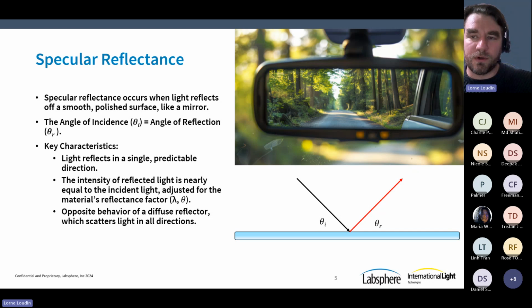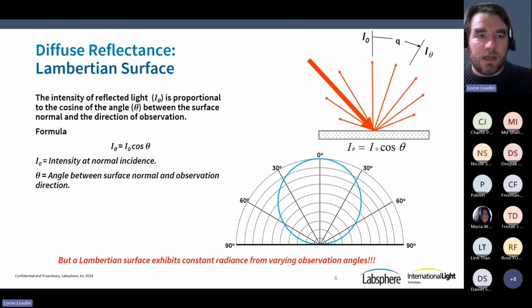And so really, when we're thinking about diffuse reflectance, we want the opposite of specular. That brings us to Lambertian surfaces. The easiest way to think of a Lambertian surface is that light reflects off of a surface in a hemispherical nature, right? And that material is isotropic across its surface.